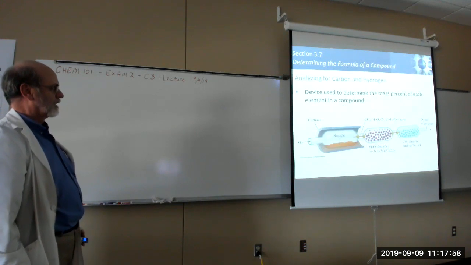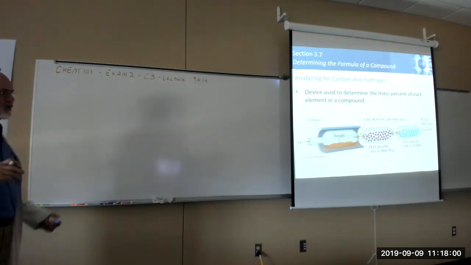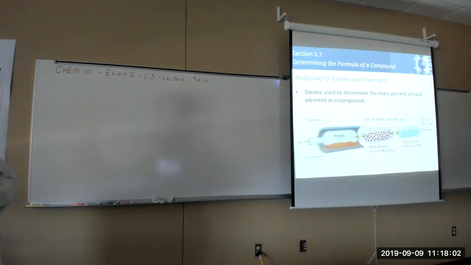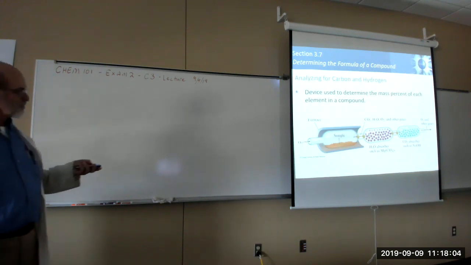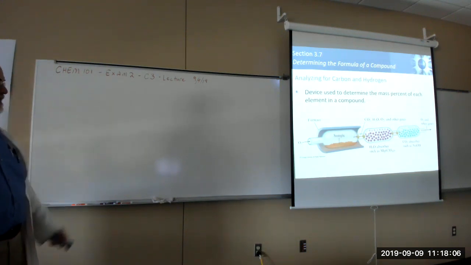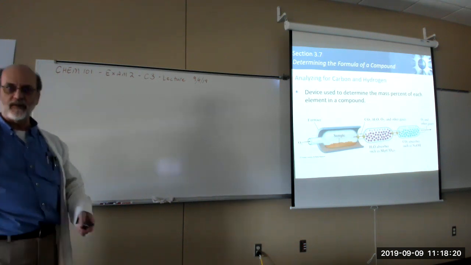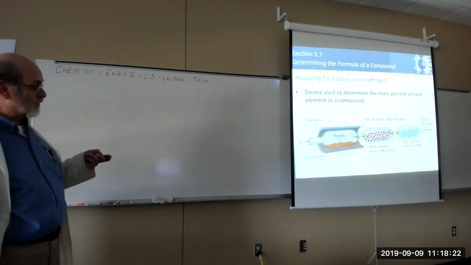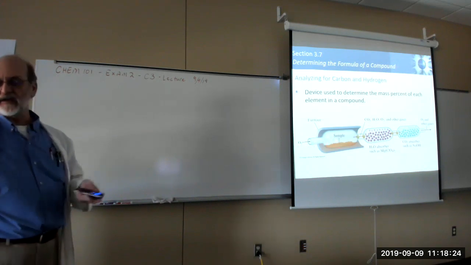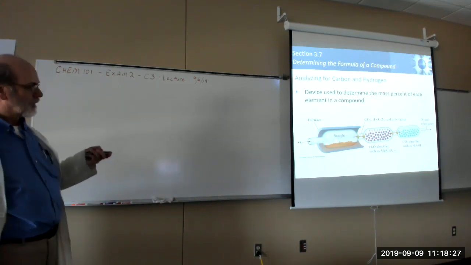This is just an example of how a bench chemist would determine composition. This is known as an absorption train. So you blow oxygen through your sample. This is particularly good for organic samples.